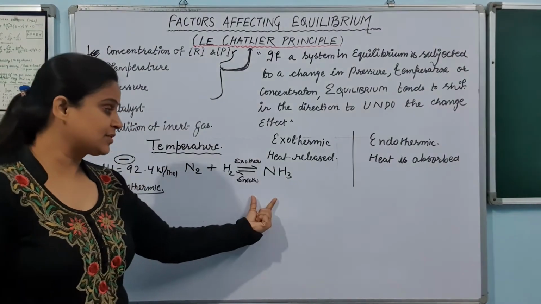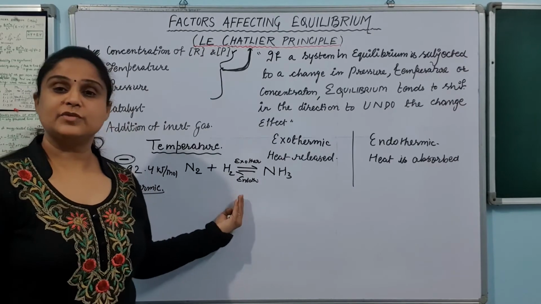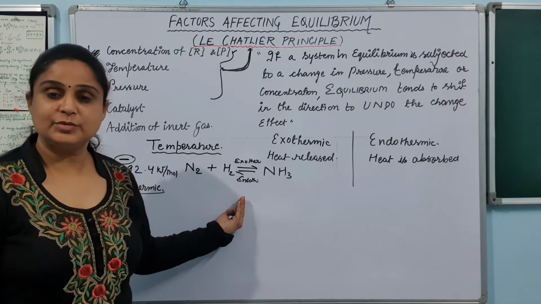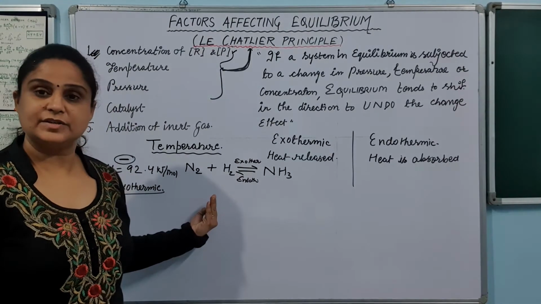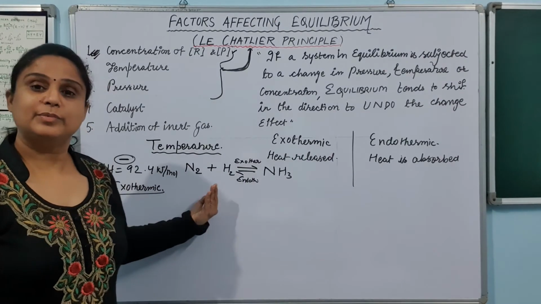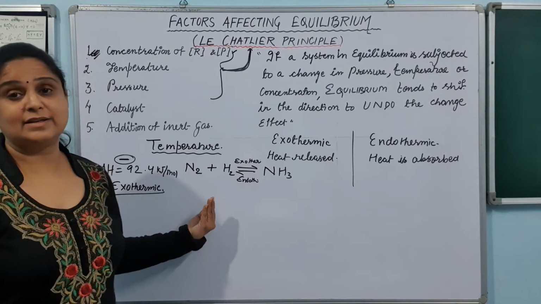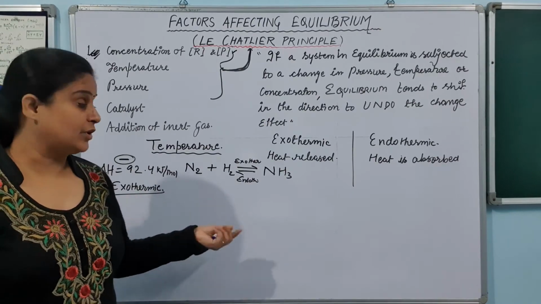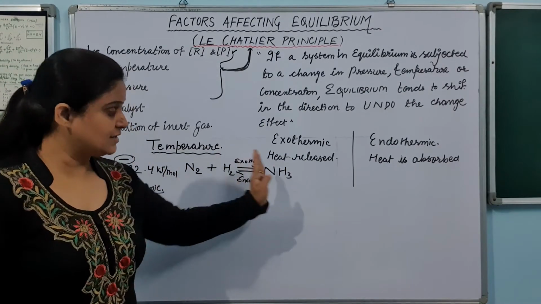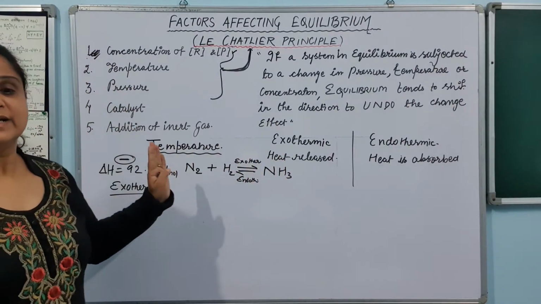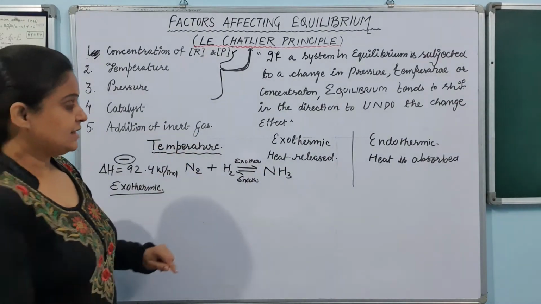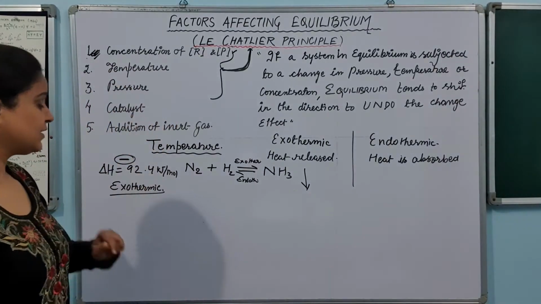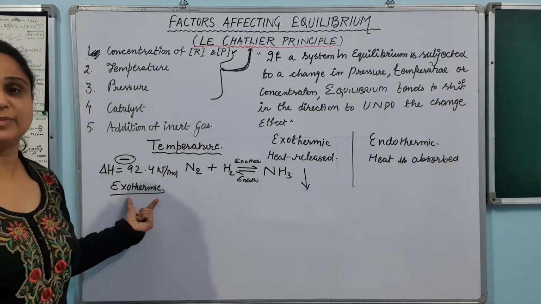Which side does it have to move so that energy is consumed? The reverse direction. So it is going to come back if you increase the temperature. If you want the reaction to take place in this way, you have to decrease the temperature. So a decrease in temperature will favor a reaction which is exothermic in nature.